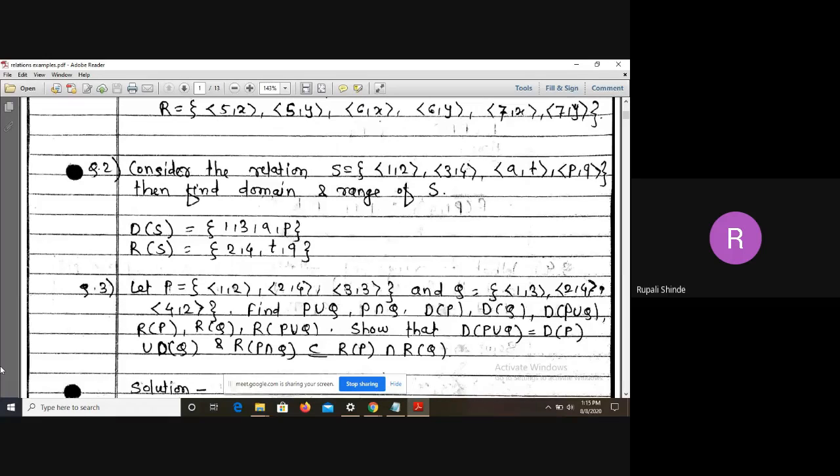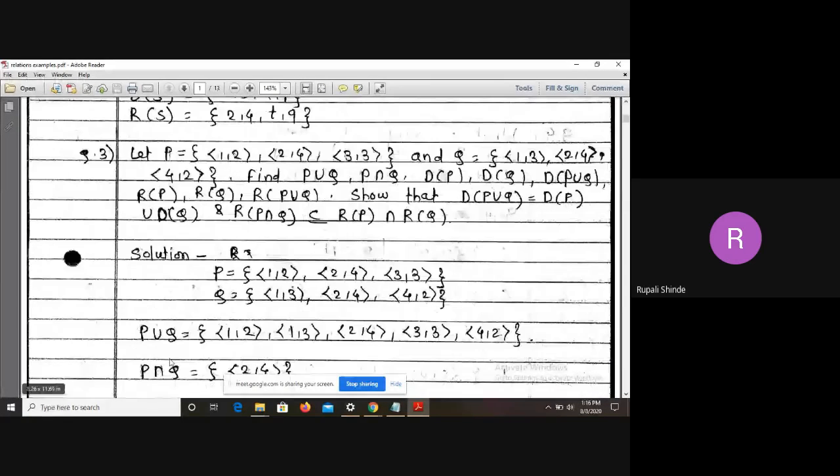We are going to combine the elements from both the sets. Now here P and Q are relations. That's why elements of those relations are ordered pairs. So whenever we have to perform this union operation on relations, we have to just combine ordered pairs from both the relations. So answer for P union Q is ordered pairs (1, 2), (2, 4), (3, 3), (1, 3), (2, 4) that is repeated, so this does not require to write it again. And last one is (4, 3). So this is the answer for P union Q.